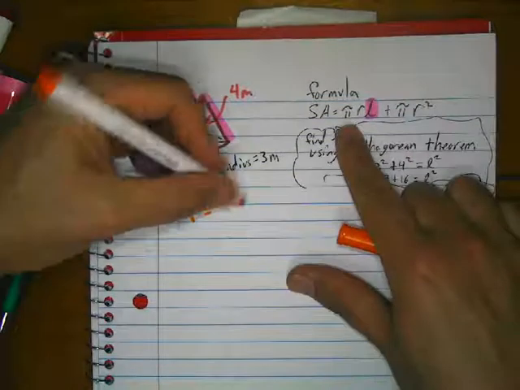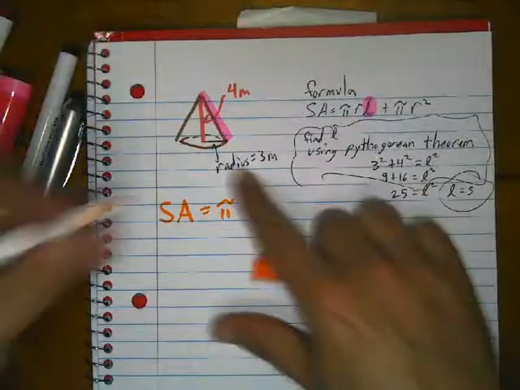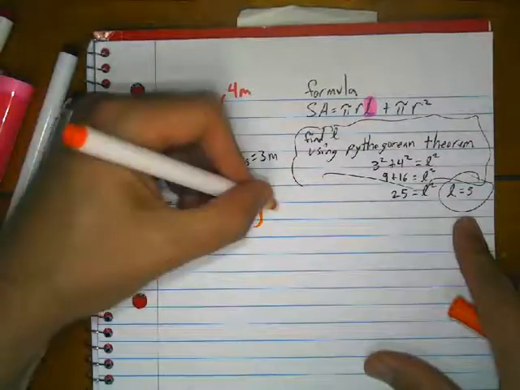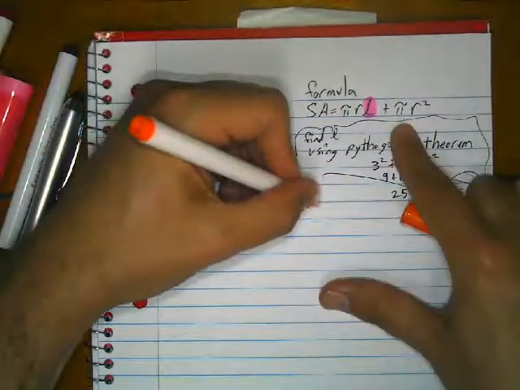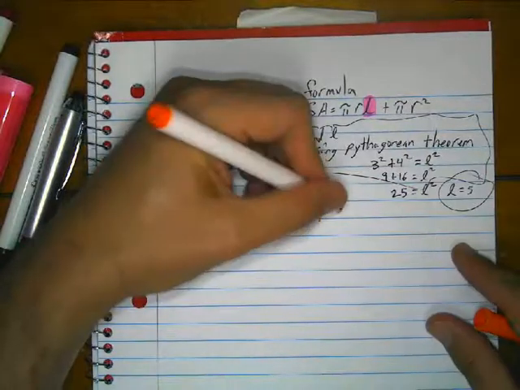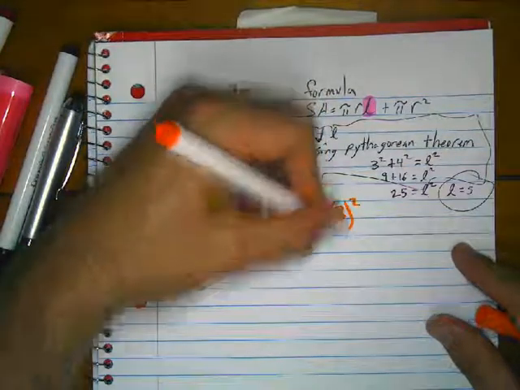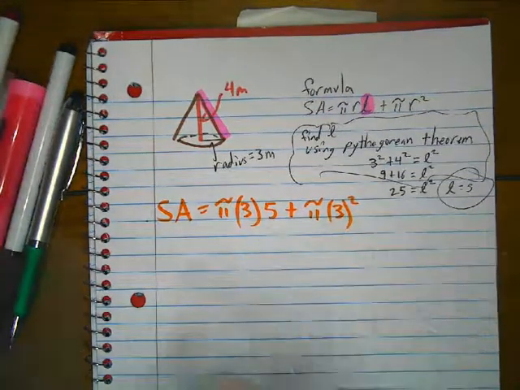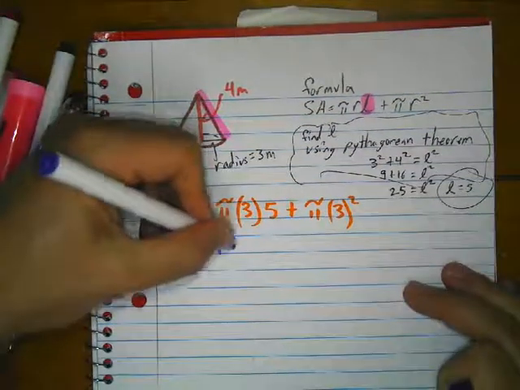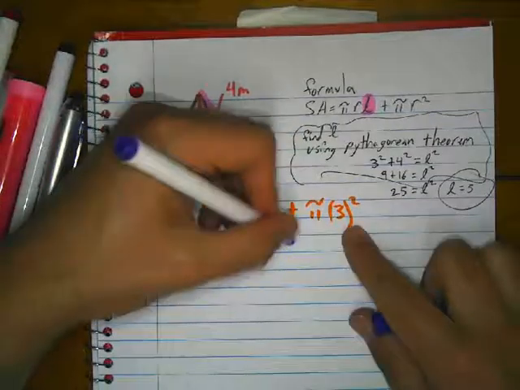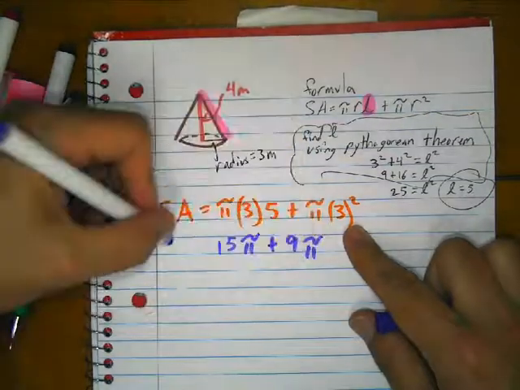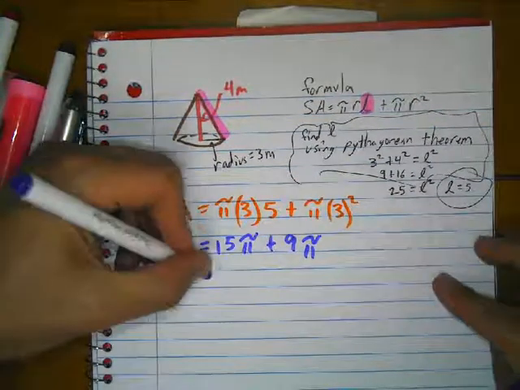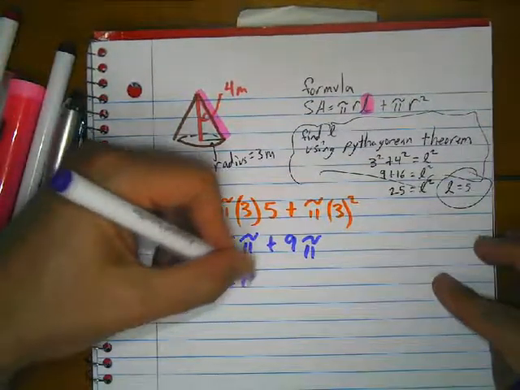So let's do this. Pi times the radius 3 times the slant height 5, plus pi times 3 squared. Let's simplify this a little further. 3 times 5 is 15, so 15 pi plus 9 pi, and 9 plus 15 is going to give me 24 pi.